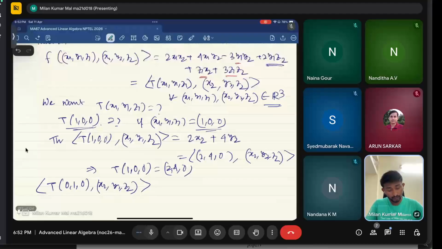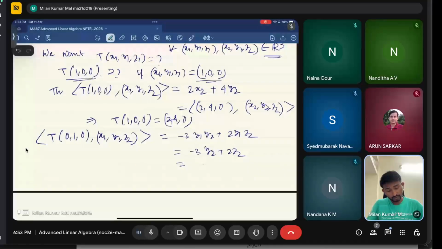So we have only minus 3 y1 y2 plus 2 y1 z2, and y1 is equal to 1, so minus 3 y2 plus 2 z2, and this can be written as (0, minus 3, 2) inner product with (x2, y2, z2), and this is also true for every (x2, y2, z2). So this gives you that T of (0, 1, 0) is equal to (0, minus 3, 2).